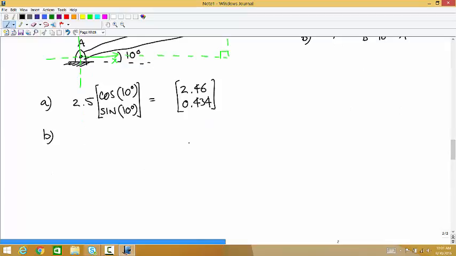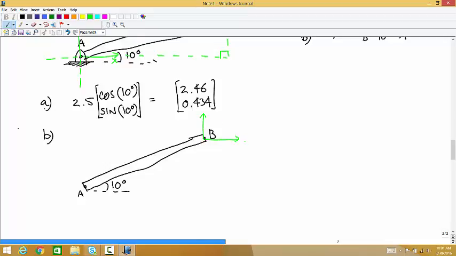Okay, so let's think of it again. So here's A, here's B. This angle is 10 degrees. And so now we want the vector to A from B, so we'll put our coordinate system here.